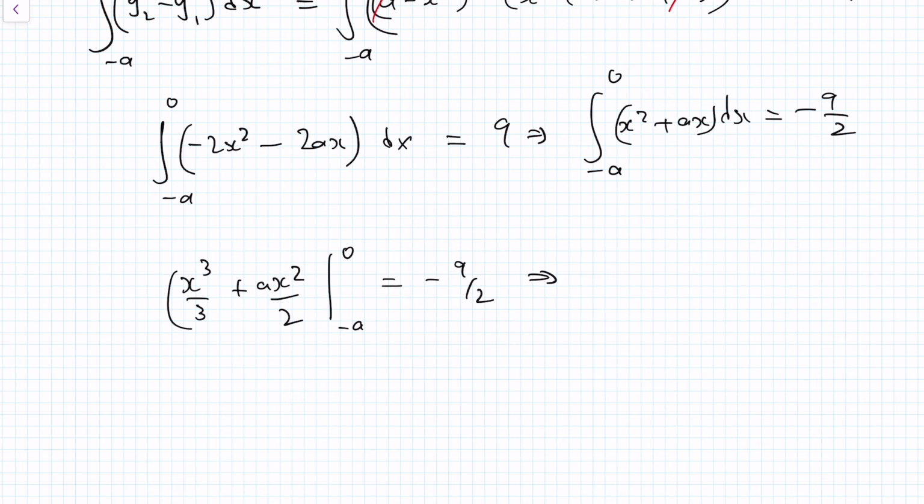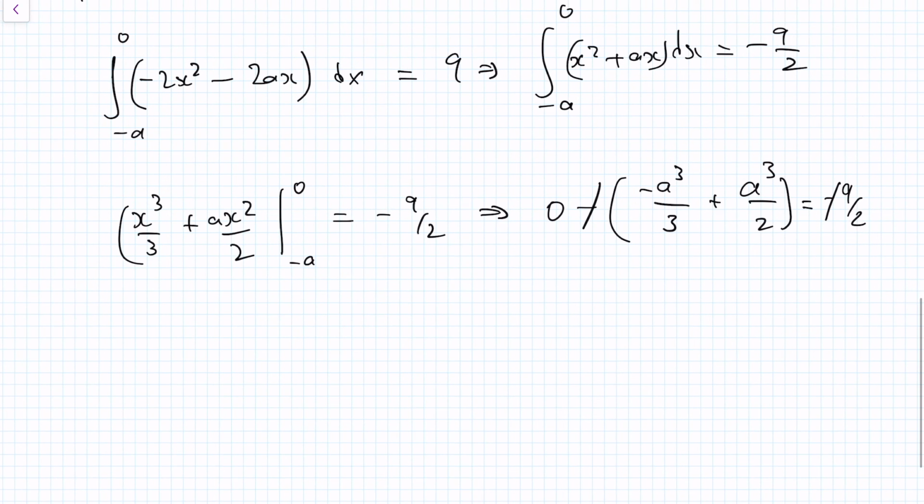If you plug in 0, you just get 0, take away minus a cubed over 3, that's subbing in minus a instead of x, plus a cubed over 2, is equal to minus 9 over 2. Let's cancel minuses.